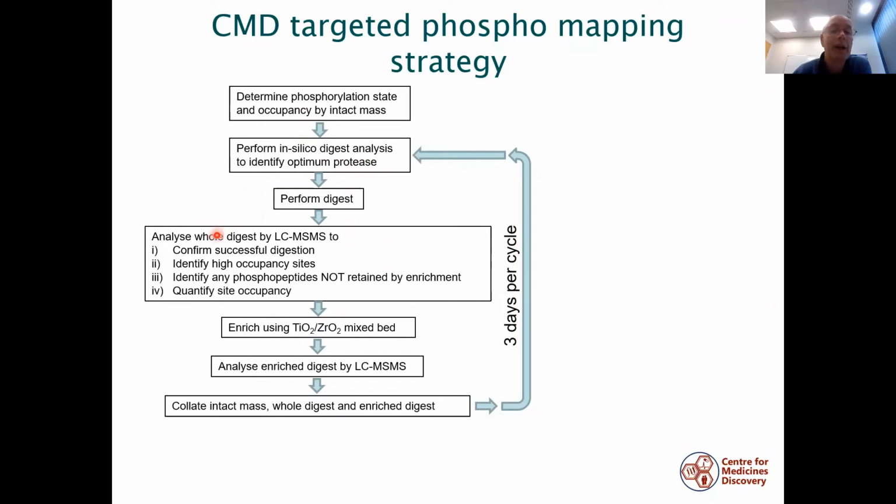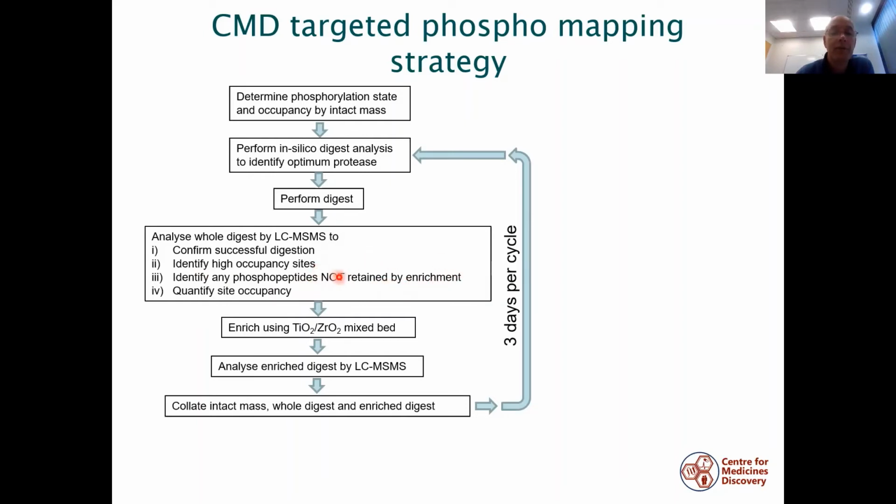and then we will analyze the whole digest by LCMS. The function of this is, first of all, to confirm that our digest has been successful. And if there are any high occupancy sites, we may be able to identify them in the unenriched digest. So the purpose is to identify any phosphopeptides not retained by enrichment.